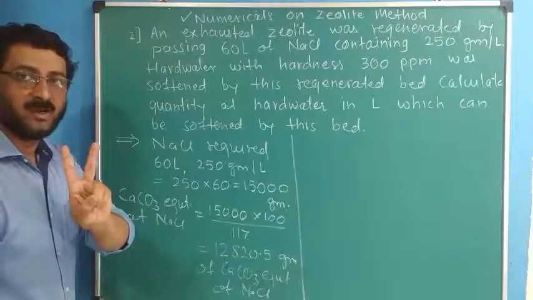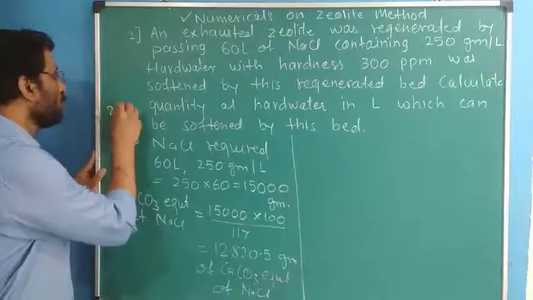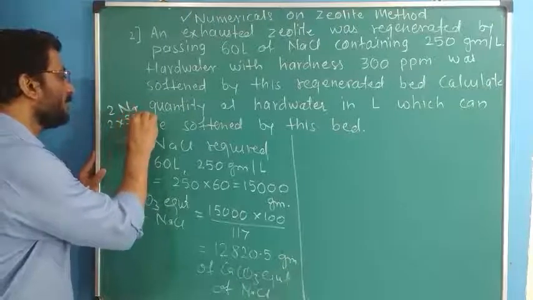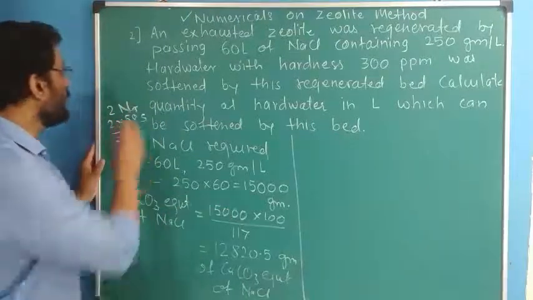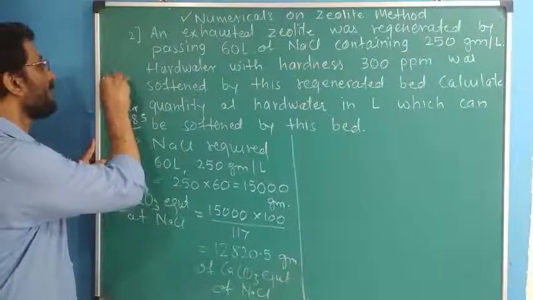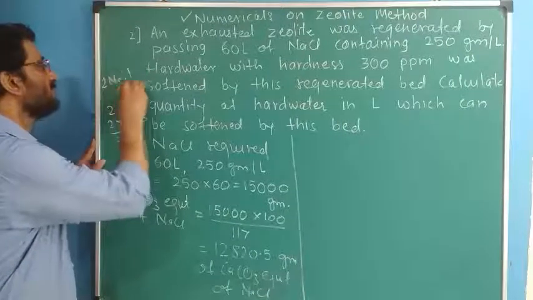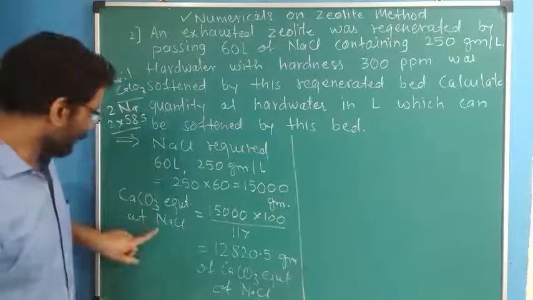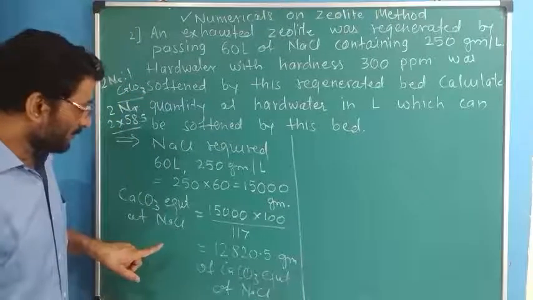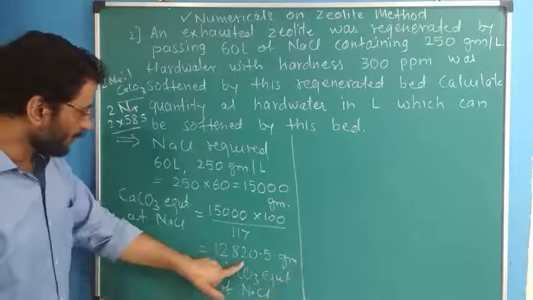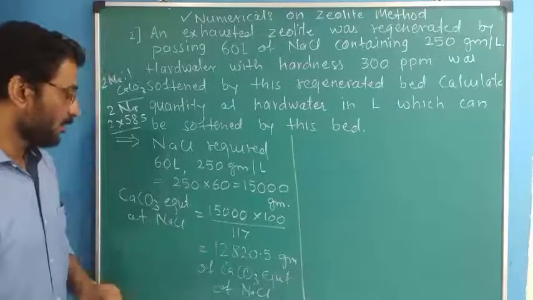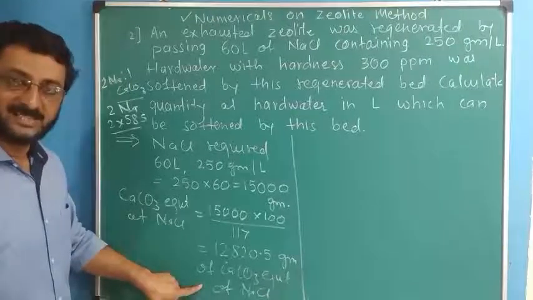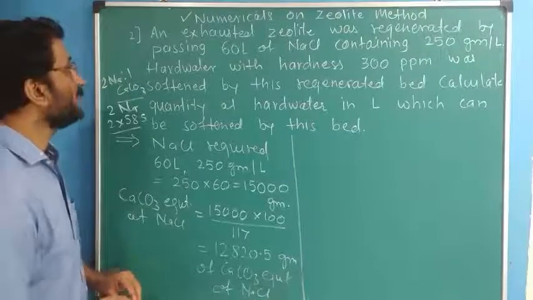Actually 2 equivalents of NaCl, so 2 into 58.5, it is 117. 2 NaCl are required for removal of 1 CaCO3 hardness. Already we have seen that. So the CaCO3 equivalent required is 12,820.5 grams of CaCO3 equivalent of NaCl.